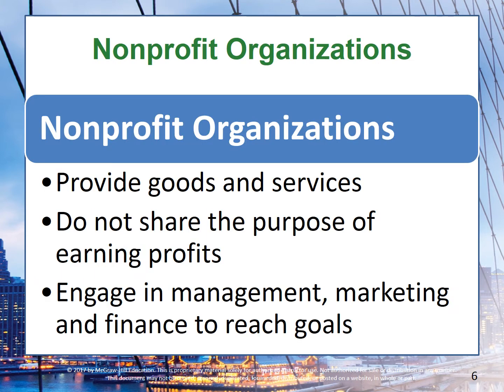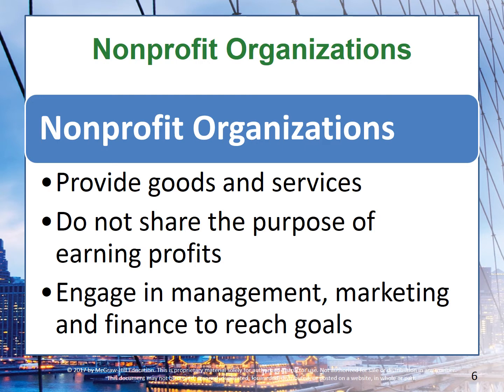Not all organizations will exist to make a profit. Nonprofit organizations provide goods and services, but they don't have the fundamental purpose of earning a profit. But they must make money, or somehow people are giving them money in order to exist. They cannot operate, pay their employees, pay rent, different things like that, if they are not making money.